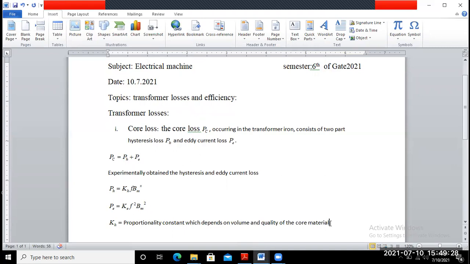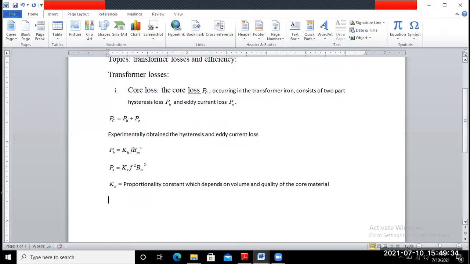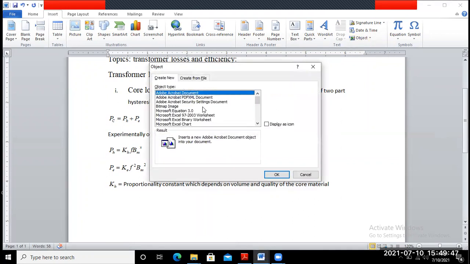Similarly, Ke is the proportionality constant of the eddy current. This value depends upon the volume and thickness of the core material, the thickness of lamination, and the unit.